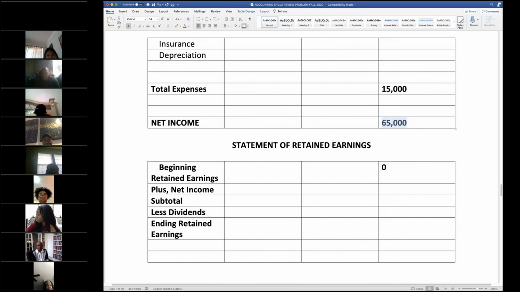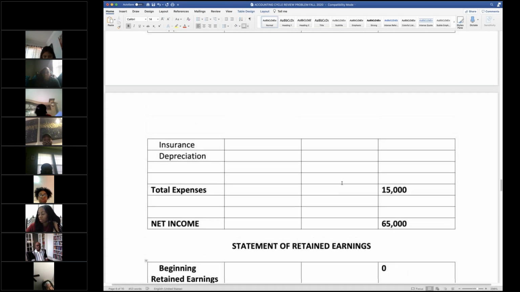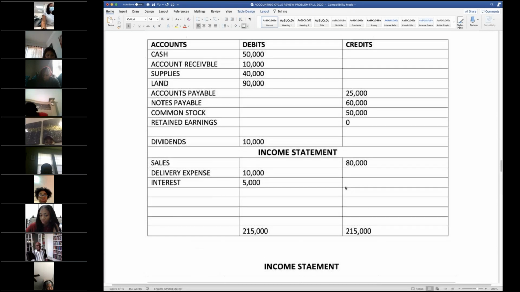I'll copy it and paste it right here. We got the net income. Our subtotal is 65,000.